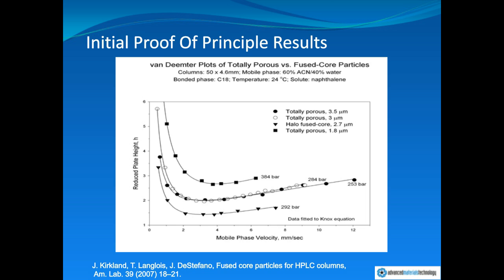As you increase speed of the separation with increasing horizontal axis distance, you want the slope of that increase, loss of efficiency, to be minimized. This is the so-called Van Deemter term. And as you can see, comparing these totally porous or fully porous particles to a superficially porous particle, even though we have a little bit larger particle size, we have much better efficiency with a superficially porous particle.